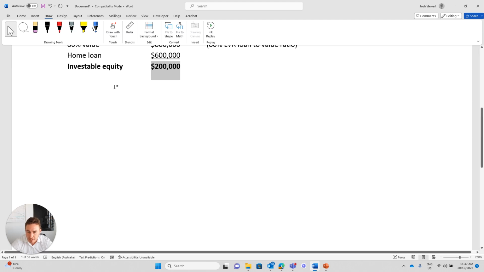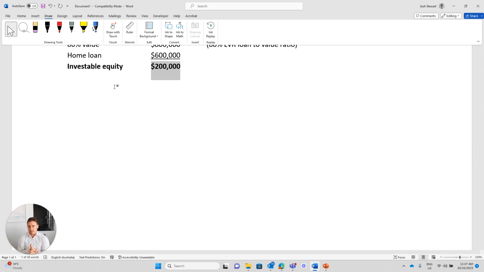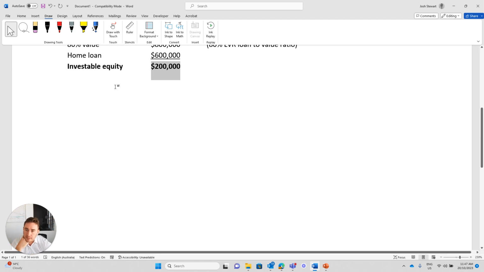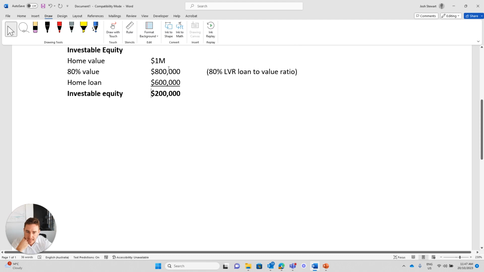The investment could be anything. It could be another investment property, shares, things like that. Could be just a term deposit if you want to lose money, because as we've already discussed, the interest rates are lower. But essentially, it's using the investable equity that you've got in your house to then make a better return.